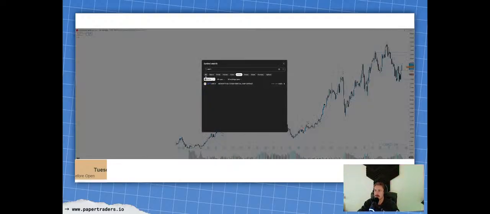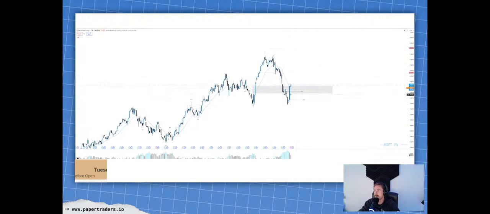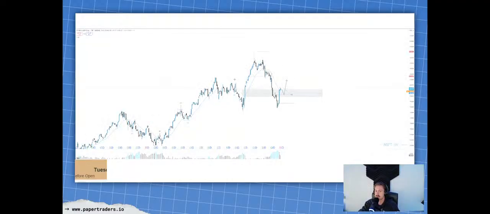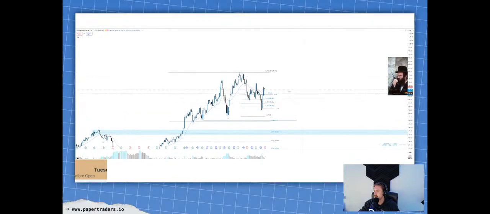MSFT, Microsoft has this fair value gap, so maybe Microsoft does something like this on ERs. I'll retest that. Microsoft. Amazon is cranking it. Amazon, Meta, and a similar thing.